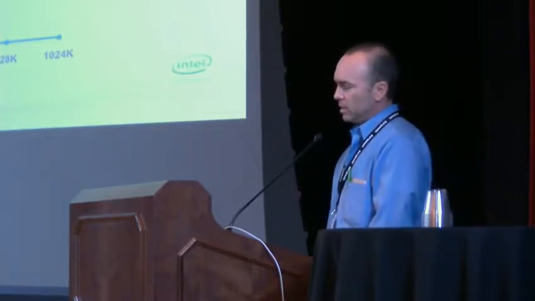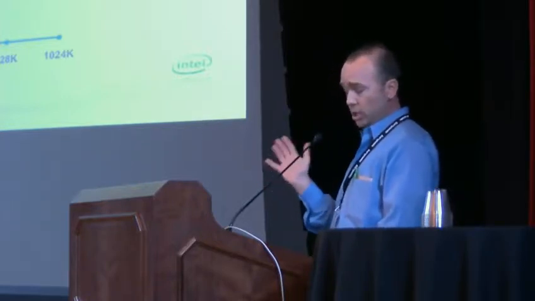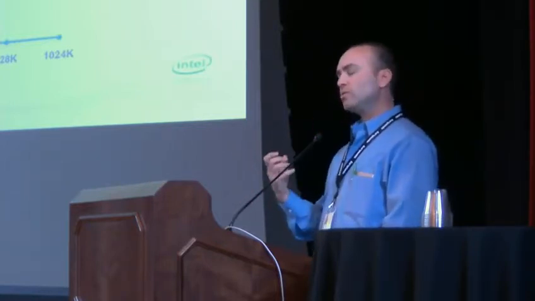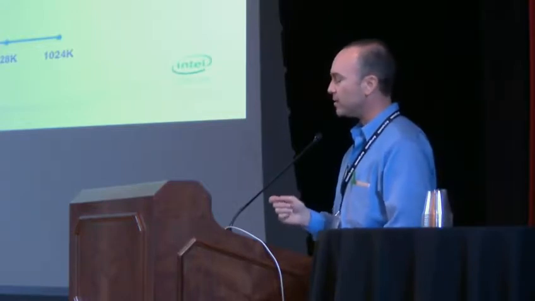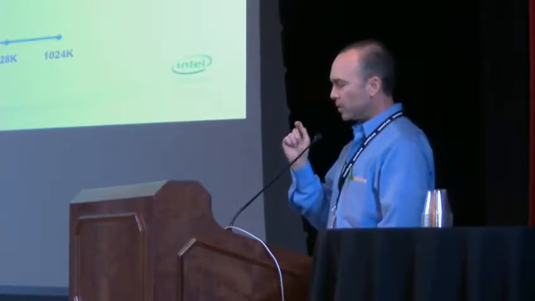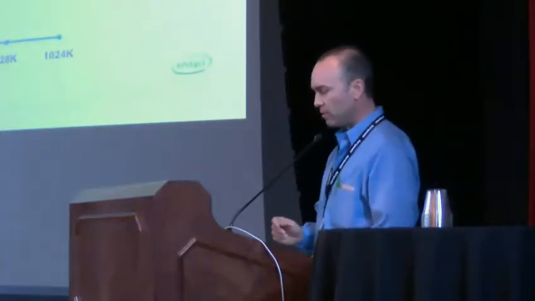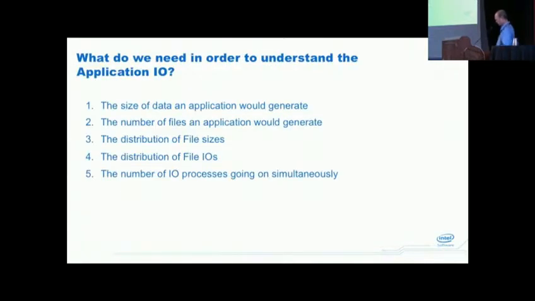And inevitably, it's true that the application in general writes 4K or 4 meg writes or whatever it is, but what they neglect to tell you is, oh yeah, between every one of those writes, we go back to the beginning of the file, we update a header, and we update the number of times we're writing and things like that. So check and verify. Believe your application writers, but it's always good to check and verify. Those are two reasons why this talk should be of interest to all of us.